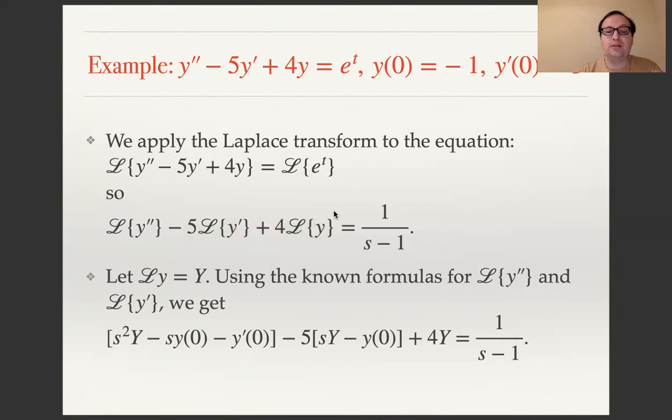And the Laplace transform of the right-hand side is 1 over s minus 1. So the Laplace transform of e to the t is 1 over s minus 1, as we computed in the previous course. Actually, we also computed this expression L of y double prime minus 5 L of y prime plus 4 L of y in the previous example. So the difference will be what happens because of the 1 over s minus 1.